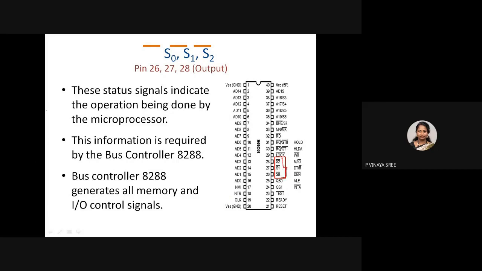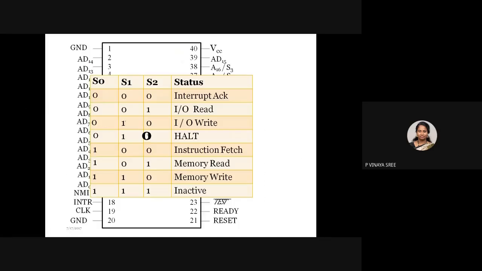These status signals indicate the operation being done by the microprocessor. Internally this is controlled by the bus controller 8288, which generates all memory and IO control signals. Let me show with a diagram.